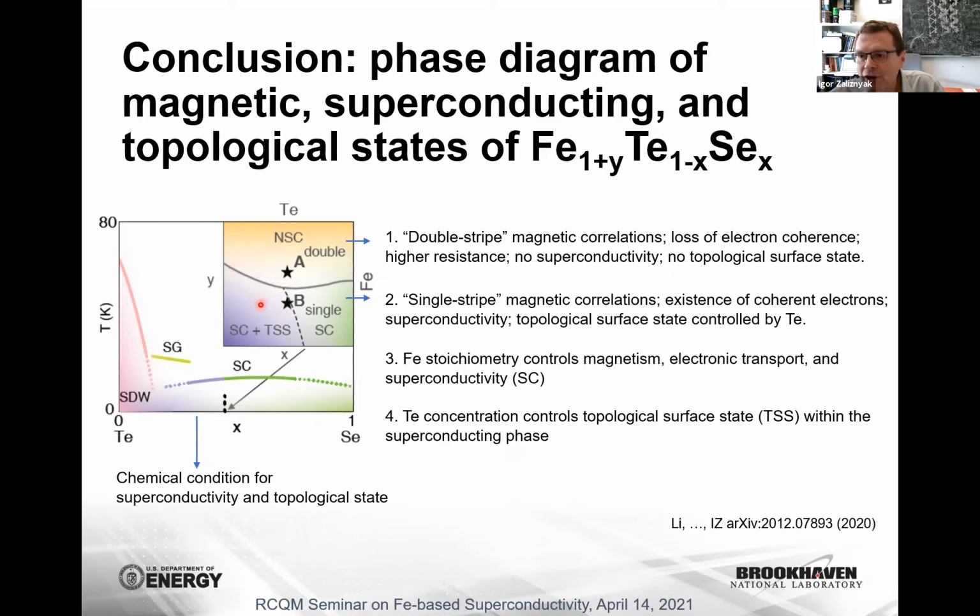So even if samples were ideally stoichiometric, because that stoichiometry puts them in the proximity of phase transition lines, the electronic fluctuations intrinsic to those lines would be unavoidable. So the key to harnessing the topological surface state and superconductivity would be to try making a sample down here, in the region of the phase diagram farther away from the phase transition lines.